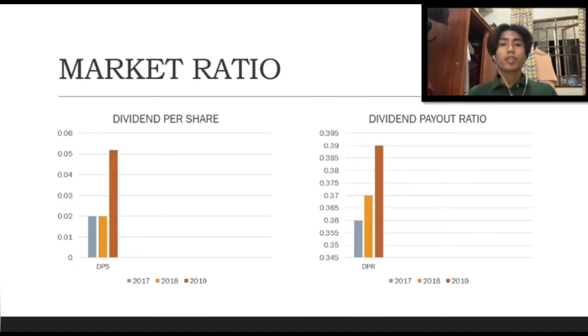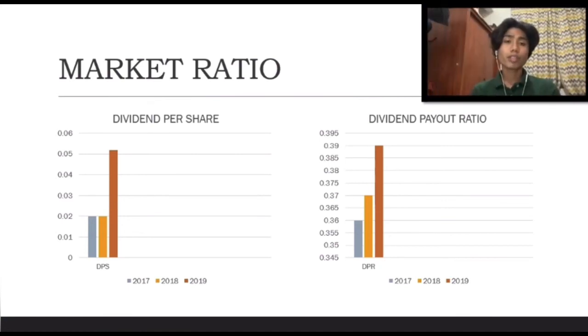As for dividend per share, it is constant from 2017 to 2019. This ratio indicates how much dividend is gained from one unit of share. The higher the dividend per share of the company, the more income the shareholder will get. To increase their DPS, the company needs to increase its net profit so it can afford to pay higher dividends to its shareholders.